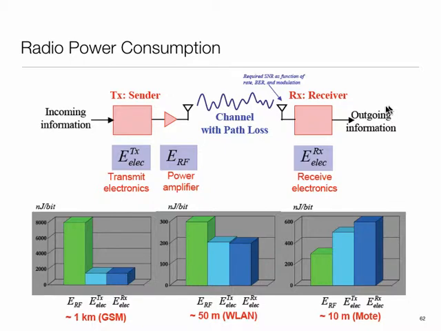So at a very crude level, one can think of three places where I have significant power consumption happening. One is the electronics on the sender side, but we do not include in the electronics the amplifier. The amplifier we consider separately. This is a power amplifier.